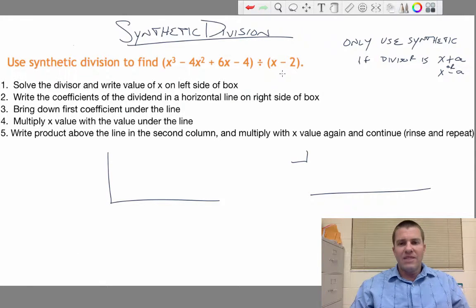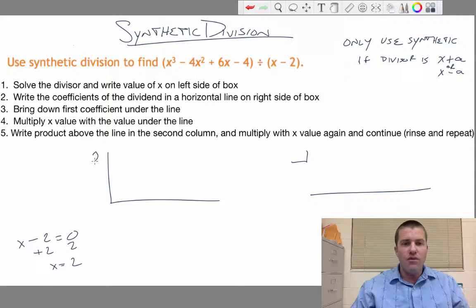What I'm going to do is take the divisor, what I'm dividing by, and solve for x. So set it equal to 0, and when I solve, I get x is equal to 2. And I'm going to use that x value on the left side of the box. So I'm going to put it here. If it's this way, it would go here. That's the only difference. Okay.